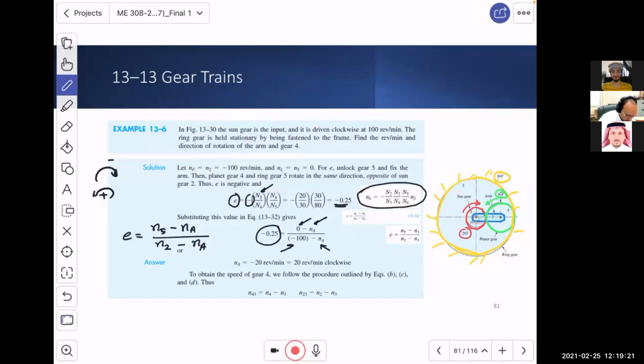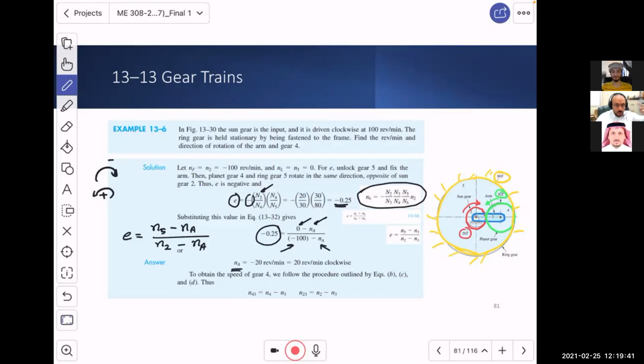And if you solve this problem, you will end up with NA, which is the RPM for the arm, which is clockwise. Okay? It's negative, it means it is clockwise. I think this was all good.